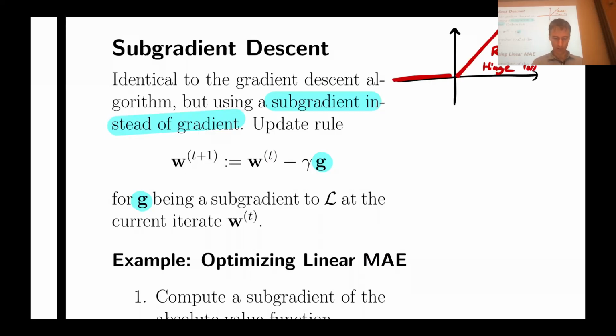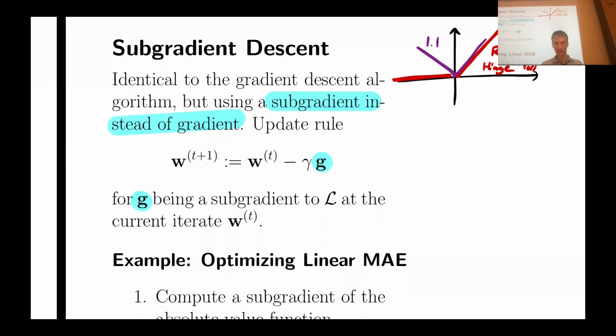So these are functions which are often used in machine learning, and they all have this property that at most points they are differentiable, but then they have usually one point where they're not differentiable. So here is the absolute value function. These are two examples where we surely need some methods like this.